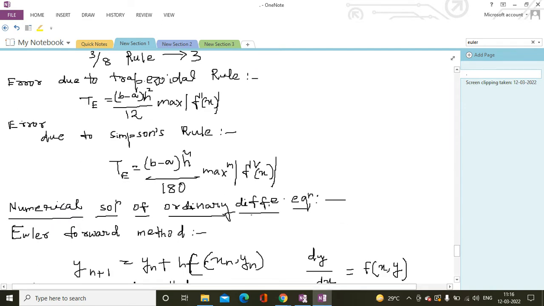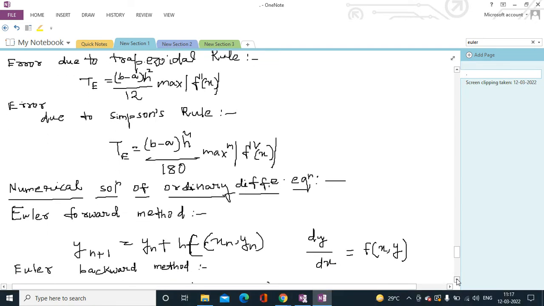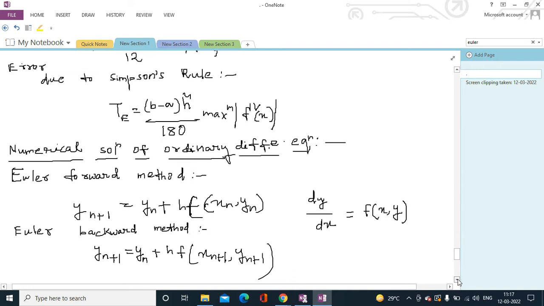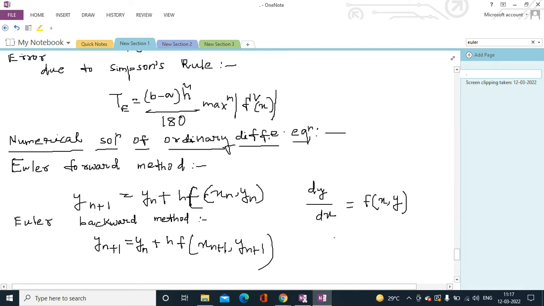Then next, numerical solution of ordinary differential equation. So what is meant by differential equation? As we know, it is generally of the form dy by dx. So in solving these differential equations by numerical method, we have to assume dy by dx as f of x, y. So for first iteration, we will get f of x0 comma y0, right guys?